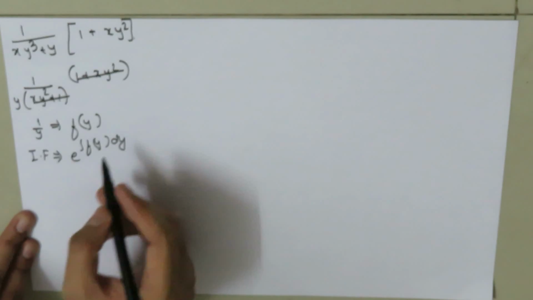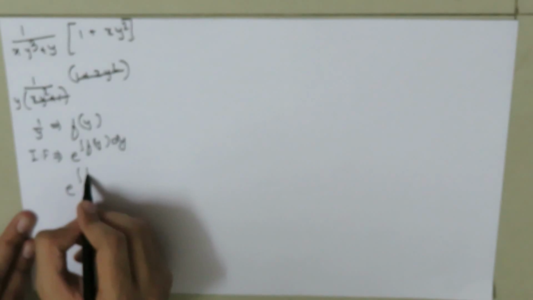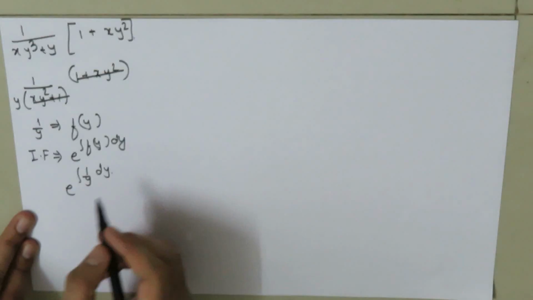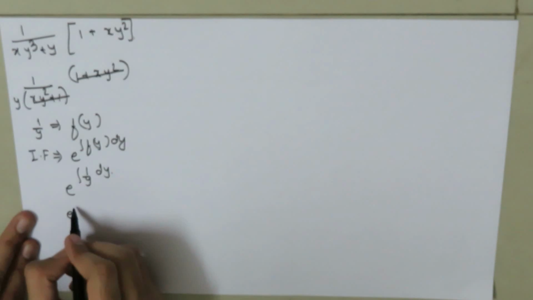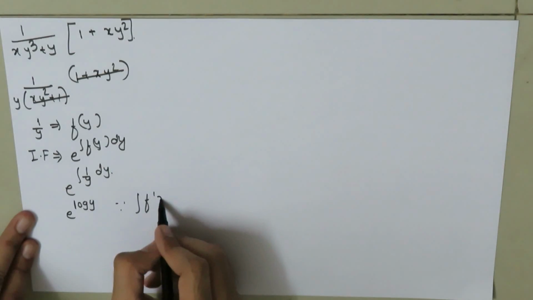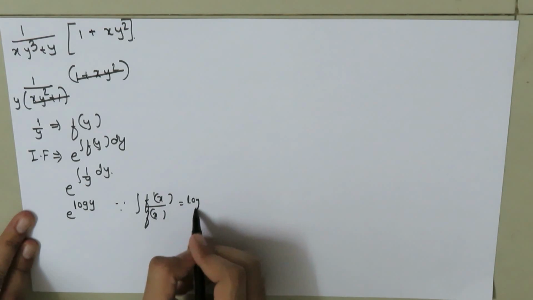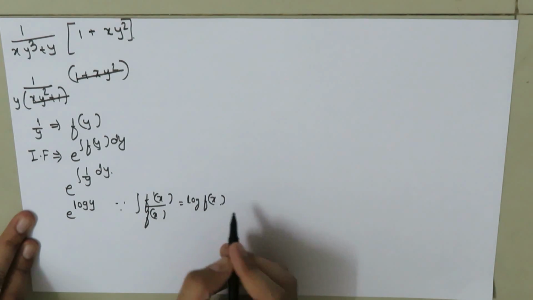So our integrating factor will be equal to e to the power integral of f(y) dy. So the integrating factor will be e to the power integral of 1/y dy, which is equal to e to the power log y, since the integral of f'(x)/f(x) is log of f(x).